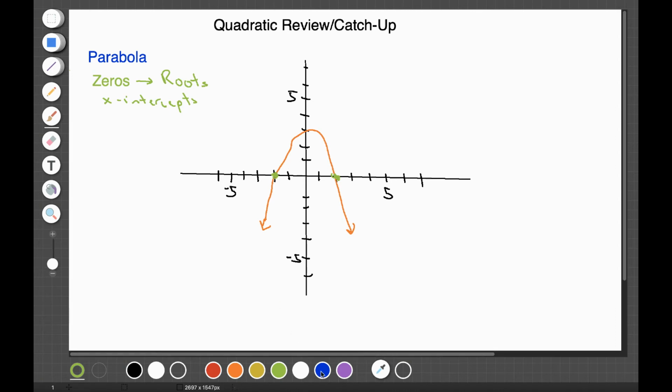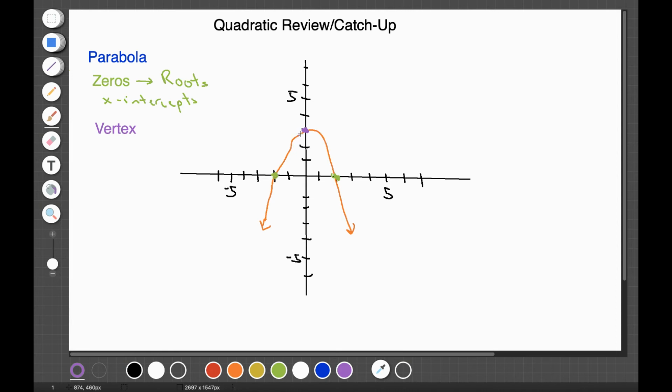The other really important point is the vertex. So the vertex is, in this case, this point where it goes all the way up and then doesn't look perfect on my graph right here, but it's the point where it switches from going up to coming back down. Now, because this isn't perfect, it looks like it bumps out more.